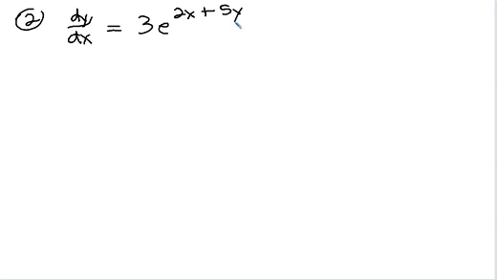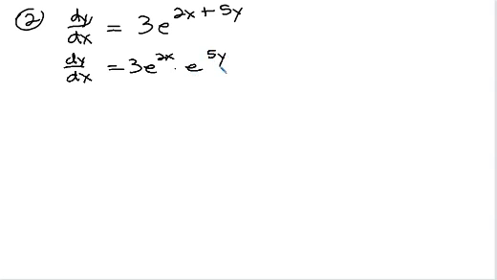This is the same thing as dy/dx equals 3e^(2x) times e^(5y). And that's maybe one of the most important steps of the whole problem, is knowing that we can do that.